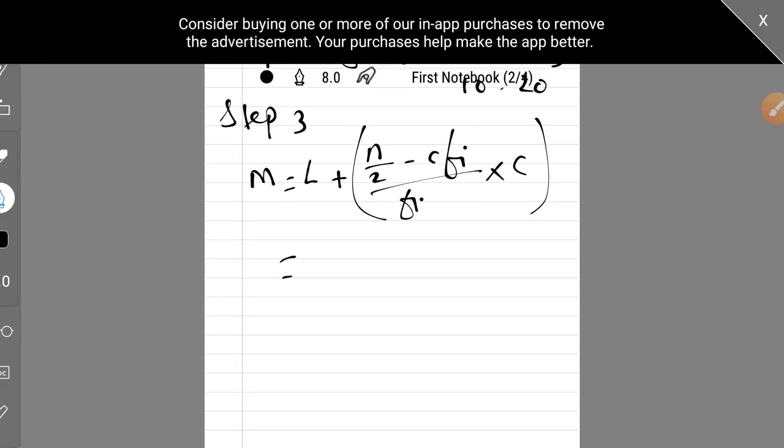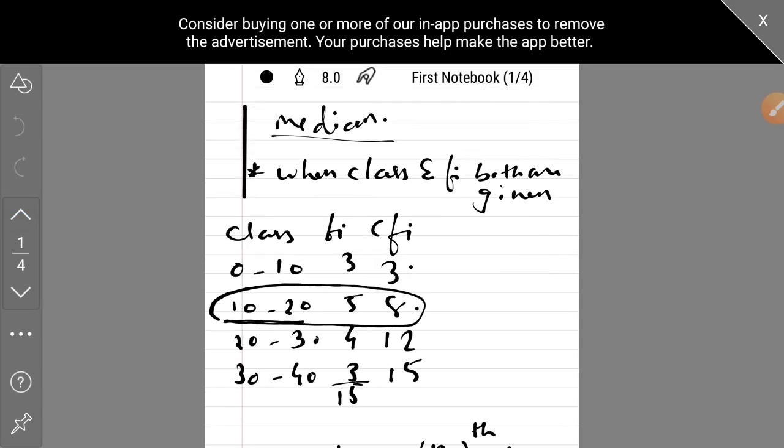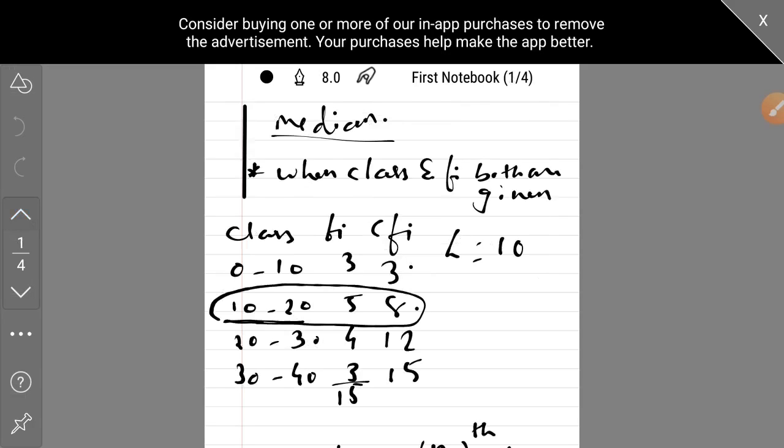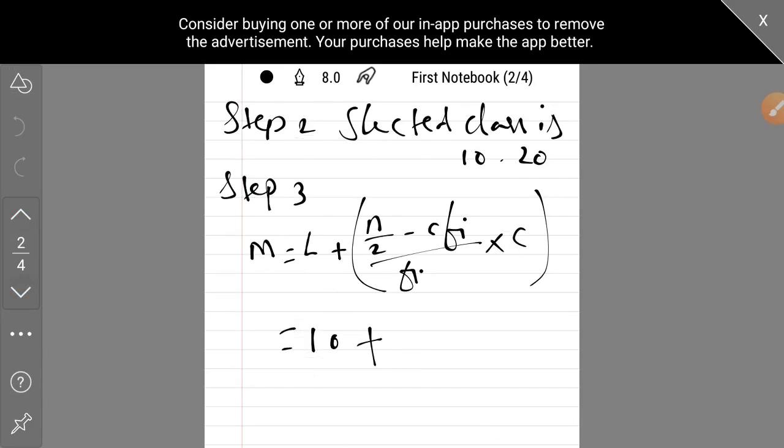Let's check what was the L. L is 10 here. Then n by 2: you can see n is 15 here. So 15 by 2 it is 7.5, minus. What is CF?